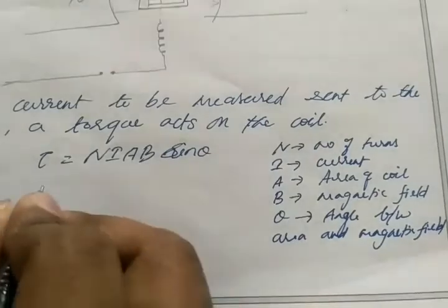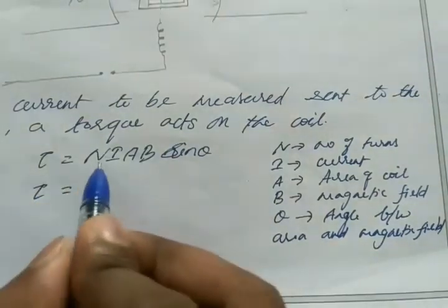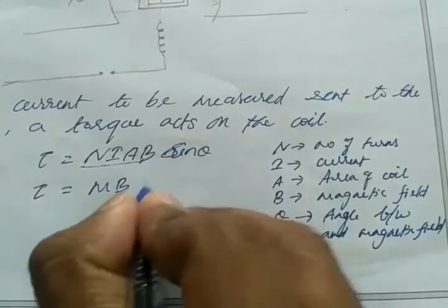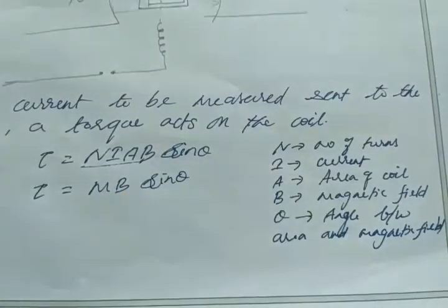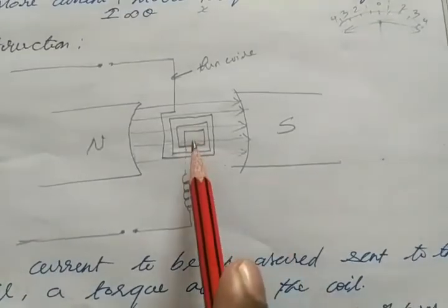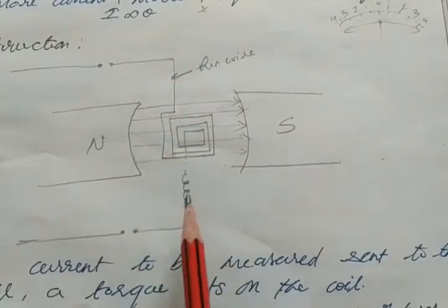We rewrite this equation. Tau equal to, instead of NIA, we take M B sin theta. So as the coil rotates, the spring as well as the wire will start to twist. It is very clear. If you see the construction, this is the coil, wire and spring.